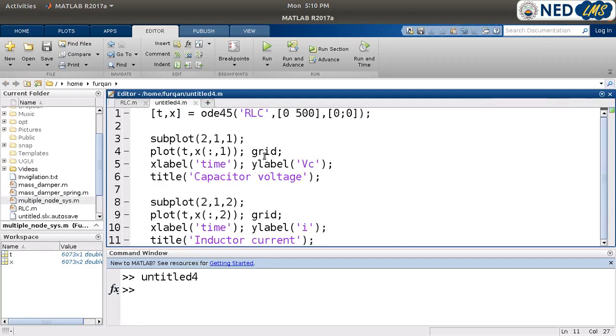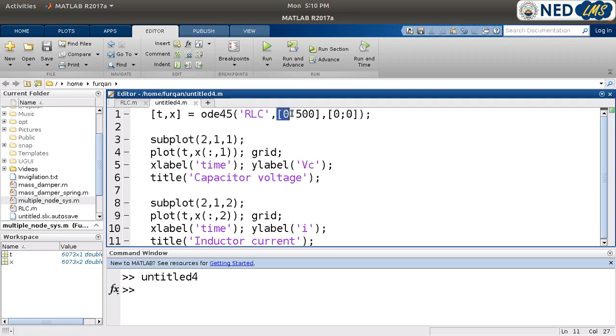Now in this script I have called our function RLC in the ODE45 function, which is the syntax of this function. I have plotted the response from 0 to 500 seconds, and initially both state variables x1 and x2 are 0.